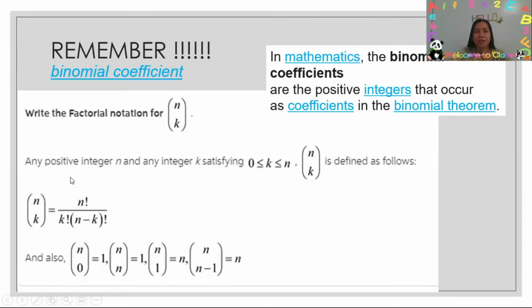Commonly, a binomial coefficient is indexed by a pair of integers satisfying n is greater than or equal to k, greater than or equal to 0.